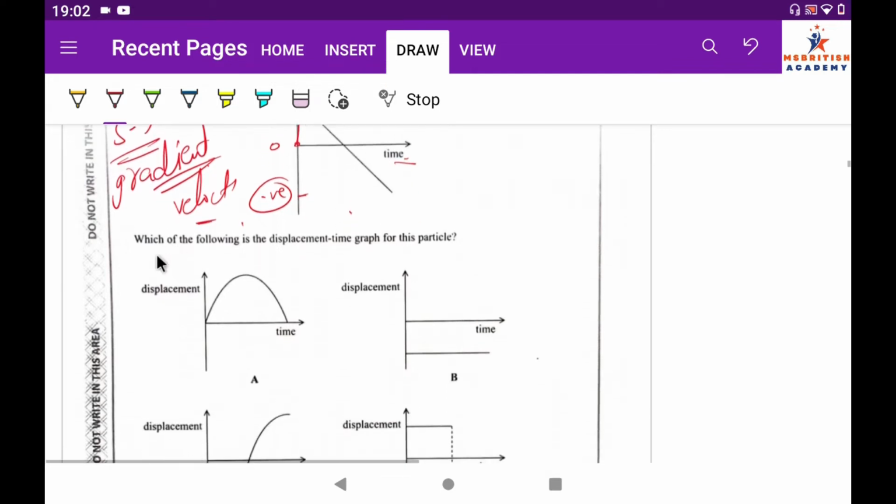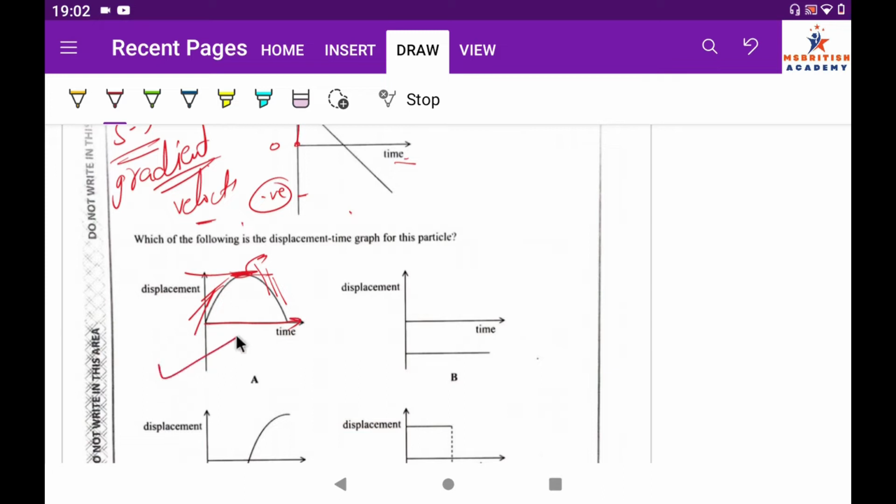So let's see the first option. In the first graph, we will draw a gradient like this. Till here it is positive, at this place it will be exactly parallel to the axis, so the gradient is going to be 0, and later on it will become negative.